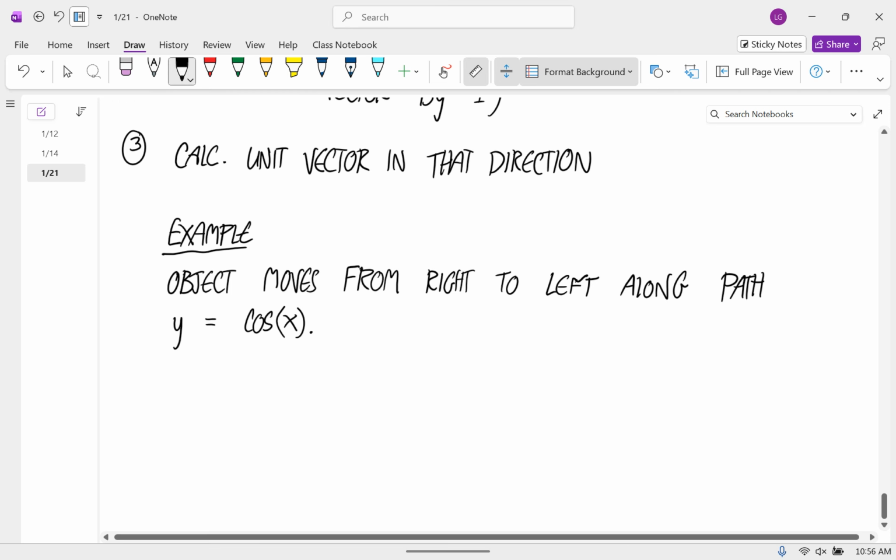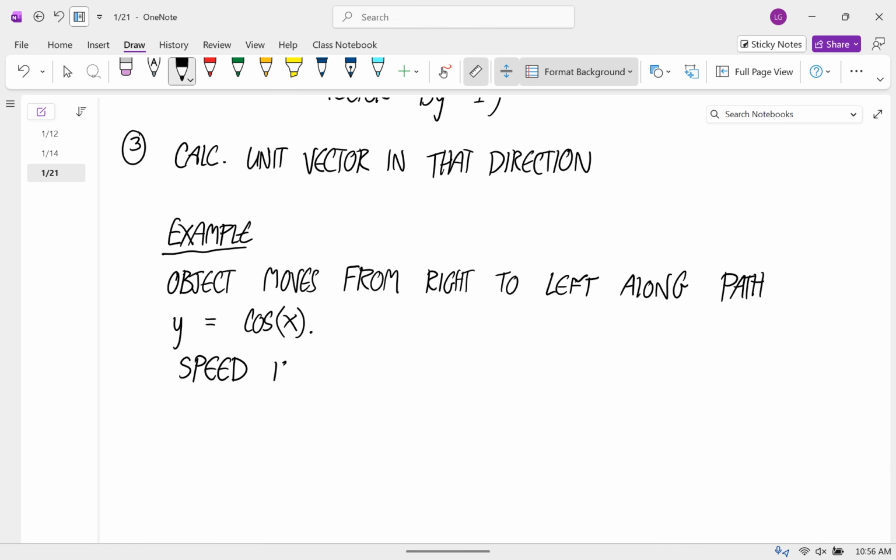And let's say that the speed of the object is 5x squared. So first, let's just do the step of calculating the velocity vector of the object as a function of x.